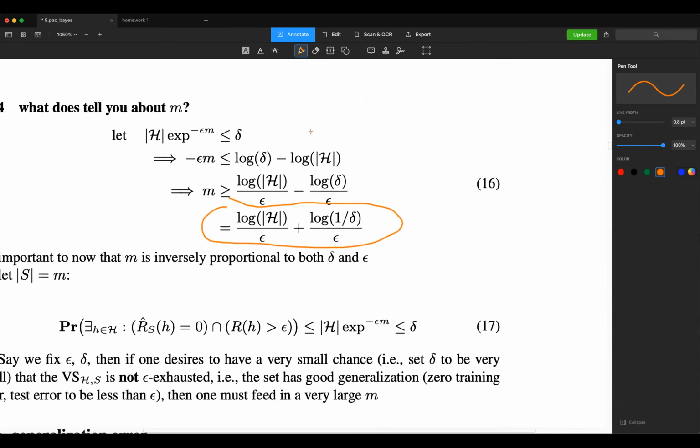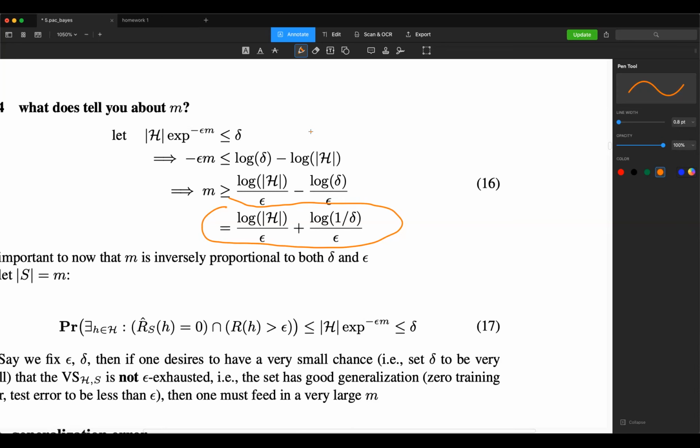We know that if you fix your epsilon, you fix your delta, you do know how many of the m, which is the number of data you need in order to cater for this particular value of epsilon and delta. Okay.